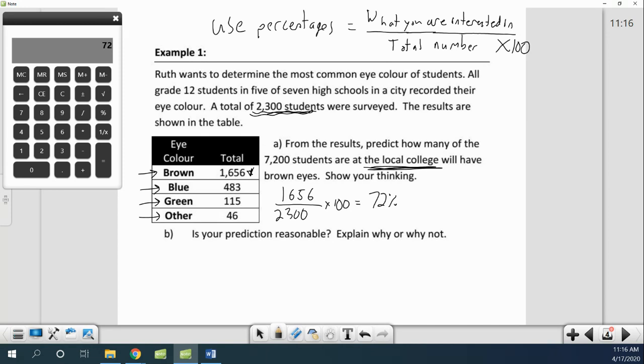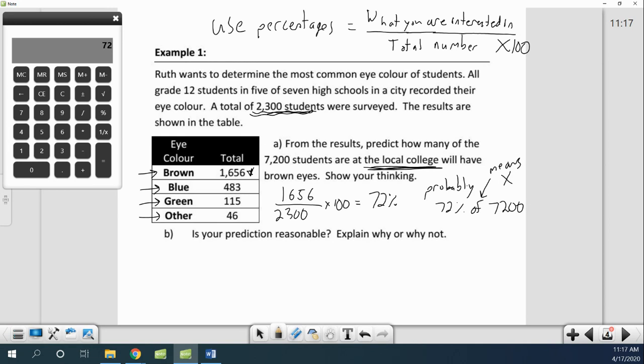So how many kids at the local college would have brown eyes? Well, probably 72% of how many kids? 7,200. Now, I don't know if you remember, it's been a while since we talked percentages. What does of mean when dealing with percentages? Of means multiply.